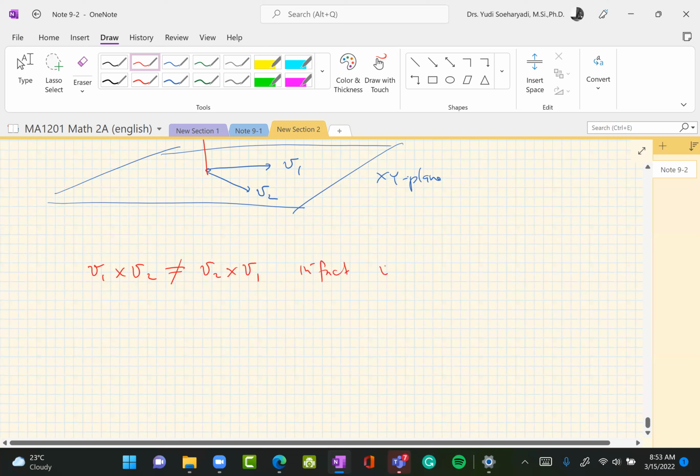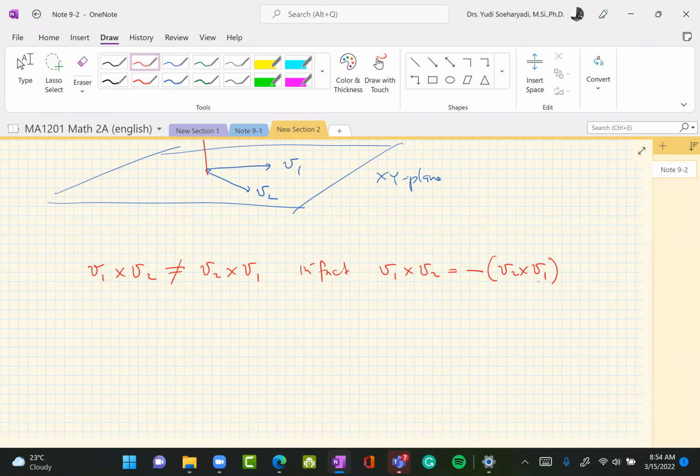In fact, as we will see with examples later, this is the negative of it. So this is odd because you don't have commutativity. You multiply numbers and you can switch the order: 5 times 4 is the same as 4 times 5.